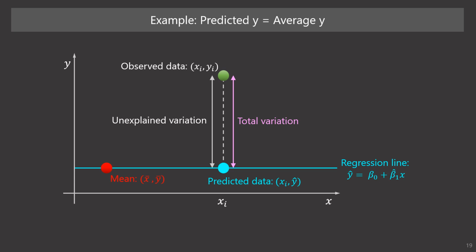Next, let's consider a case where all of the predicted y values equal the average y. In this case, the regression model always returns the average of y, irrespective of the x's value. And the unexplained variation equals the total variation. That is, the regression model explains none of the y's variations.